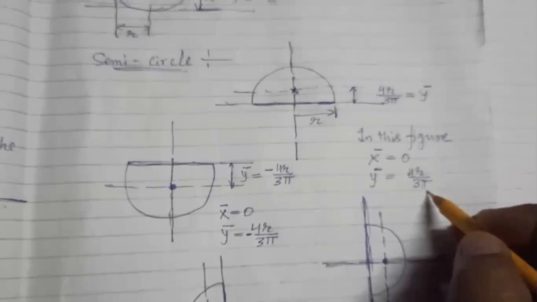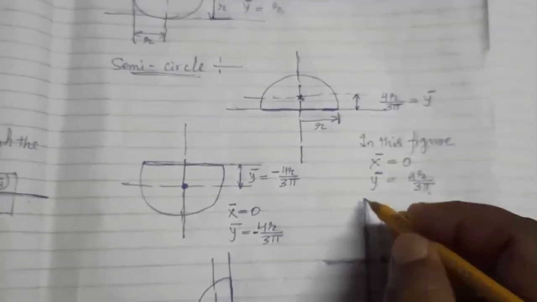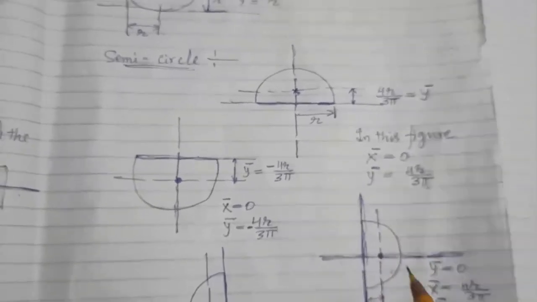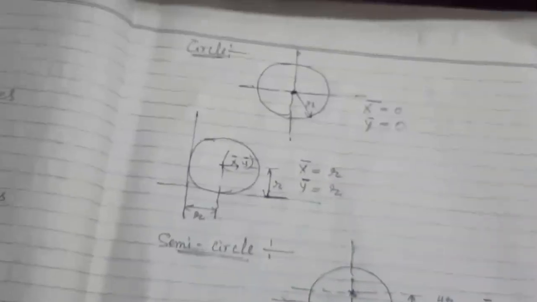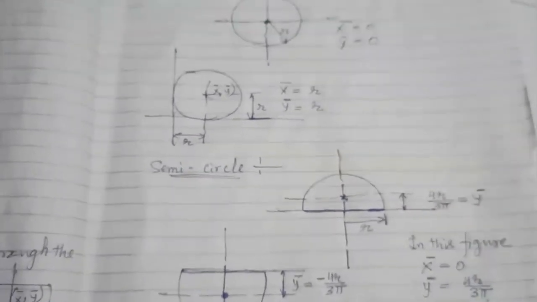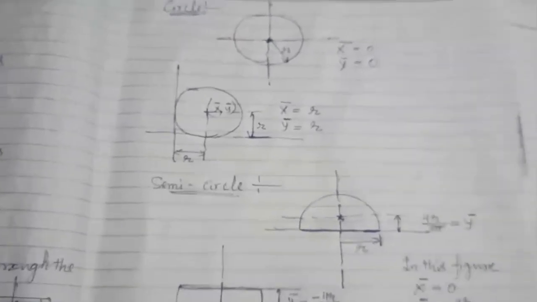So you have to remember that the 4r by 3 pi distance is measured from the section line by which the semicircle is cut from the circle.